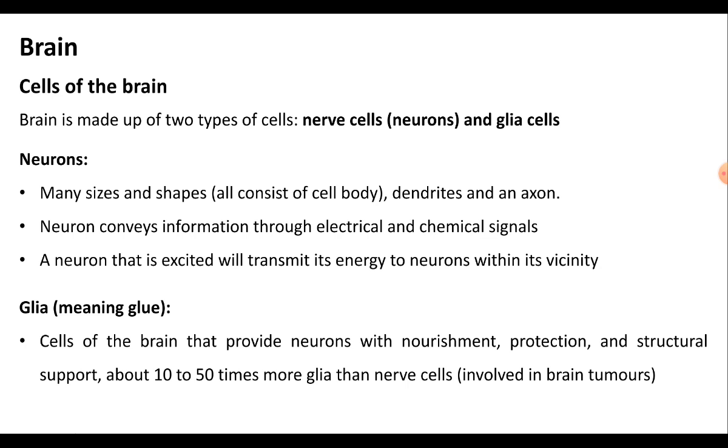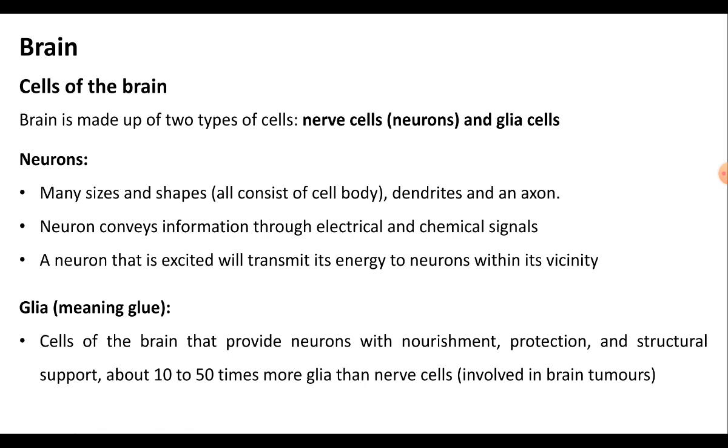Brain. As we know that brain is completely made up of nervous tissue, where brain shows two types of cells. One is the nerve cells, which are called as the neurons. The other one is the glia cells. Neurons are present having many sizes and shapes, but all the neurons will be consisting of its cell body, and it also has the dendrites and an axon.